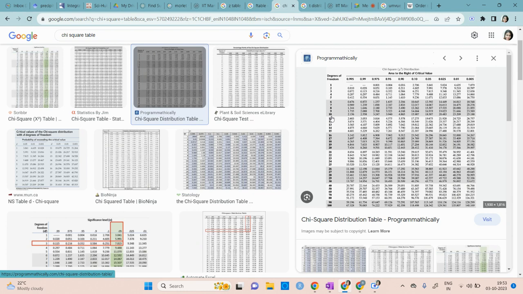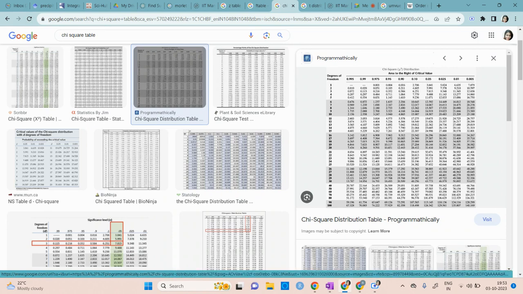So firstly, you need to go through degree 10, and then you have 0.975, so it will be 3.247, right?